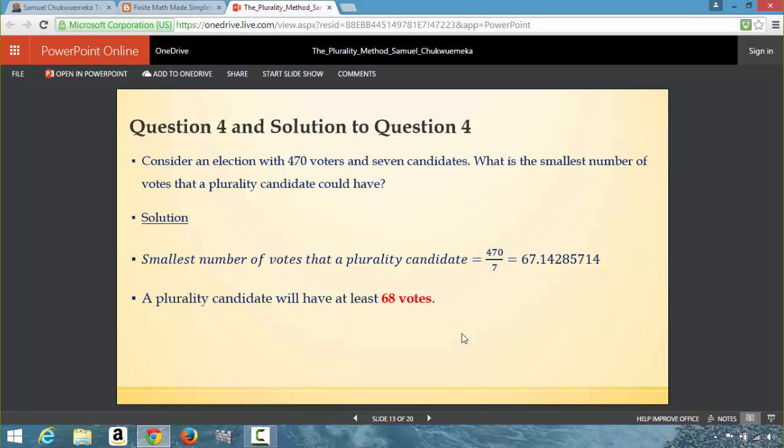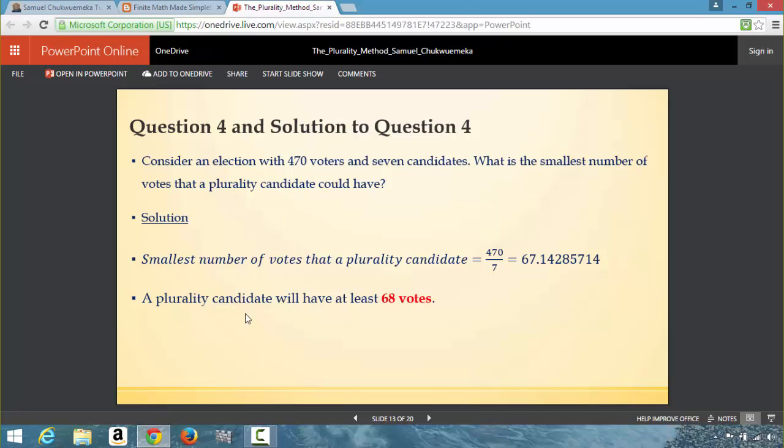Does that make sense? Because it's 50%. 470 voters is 470 votes. More than 50% of the votes. So 50% of 470 is 235. So more than 50%, the majority candidate must have at least 236 votes. I'm going to write it later on after this video.